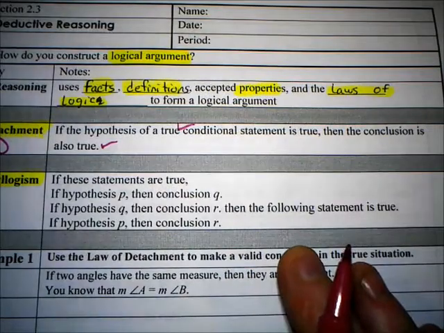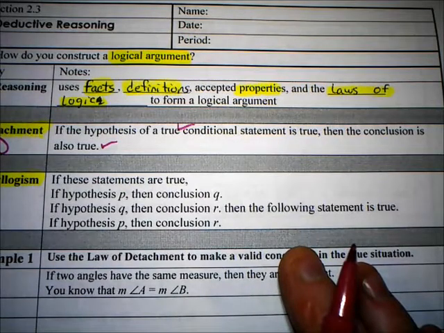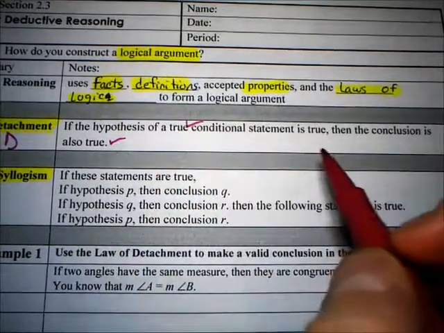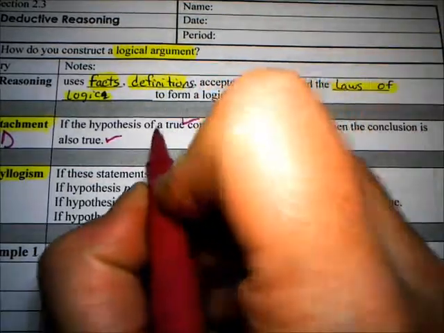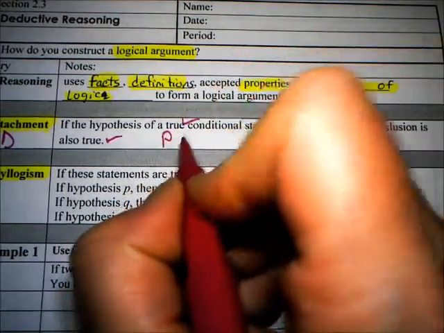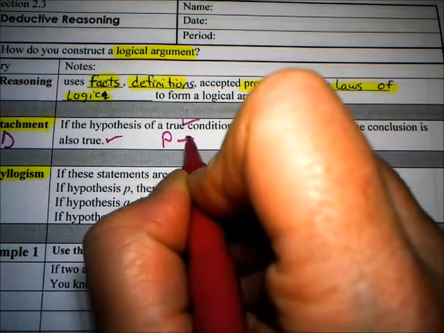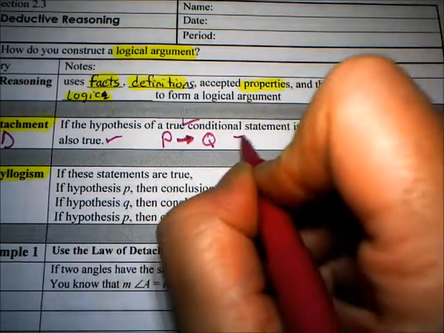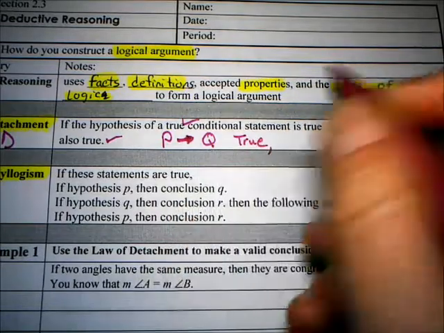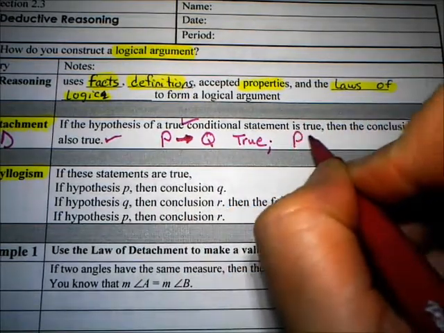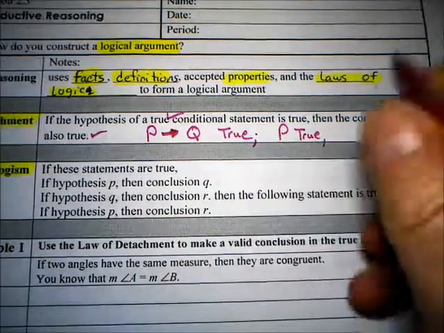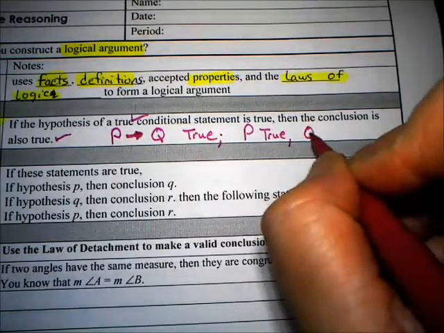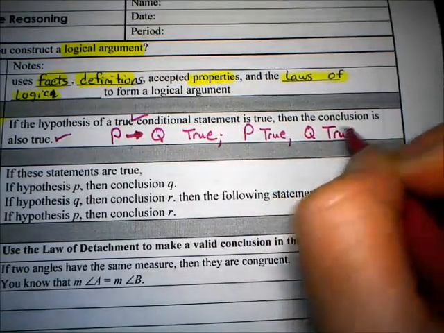We change the letters here. They usually use a P, and the little arrow means implies. P implies Q is a true statement. Then the second thing they'll say is P is a true statement. And then your third sentence will be Q is a true statement. So there are actually 3 steps, and you'll see that in a minute.